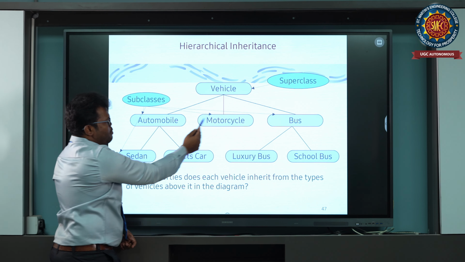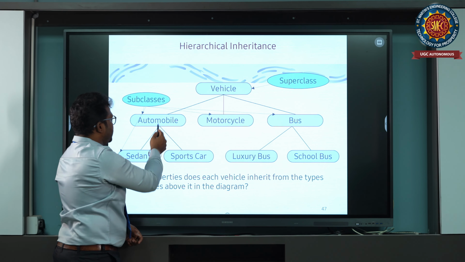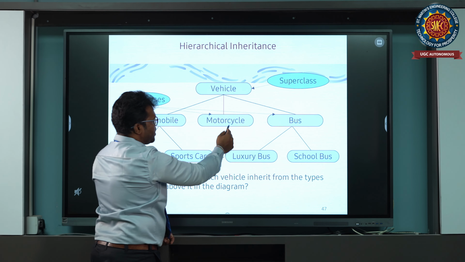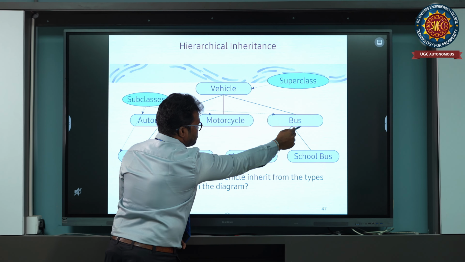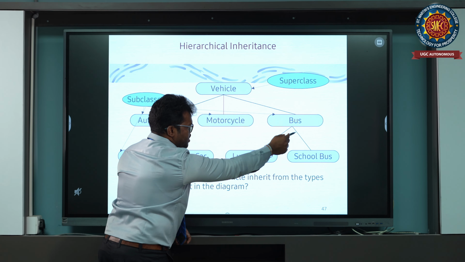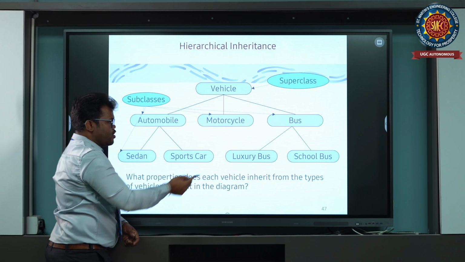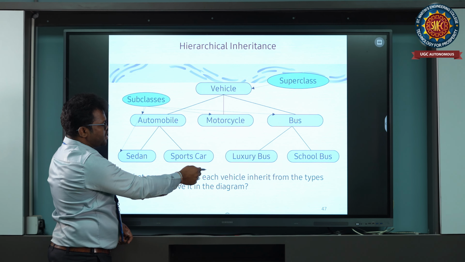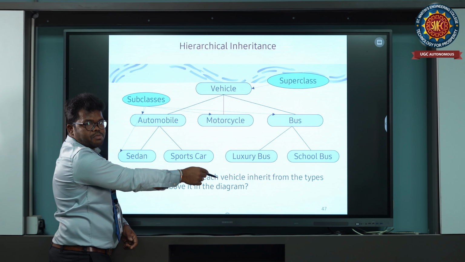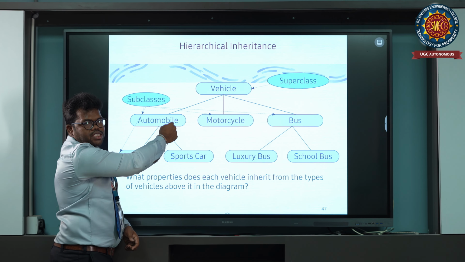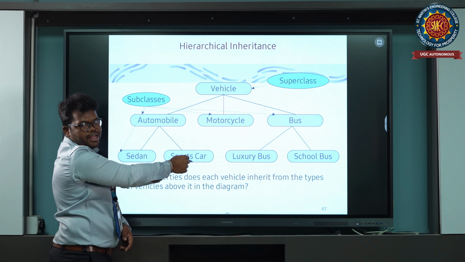Here automobile, motorcycle, bus. Automobile has sedan and sports car, and motorcycle. Bus has luxury bus and school bus. These are parent class to child class, base class to derived class. What properties does each vehicle inherit from its type, in the above example of hierarchical inheritance?